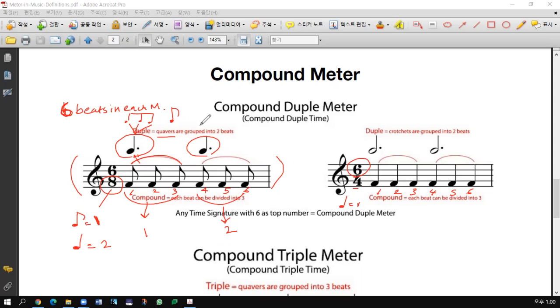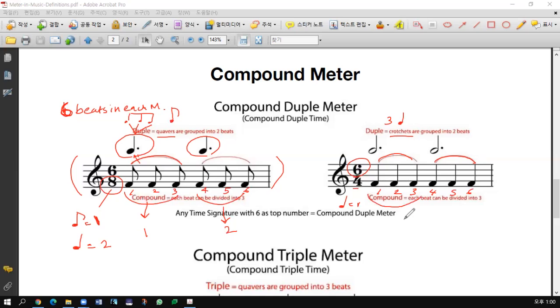And then you look at the other example, it's compound because these 3 beats, the 3/4 is a crotchet. Crotchet is quarter note. All different names.